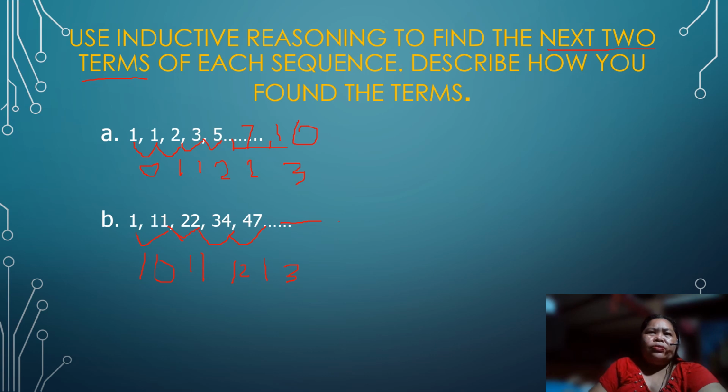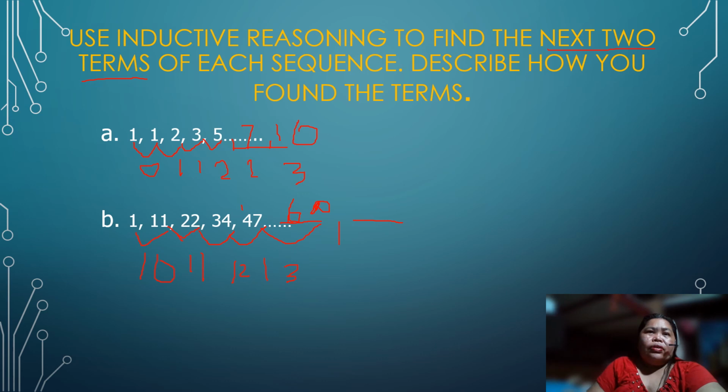What do you think are the next two terms? So we have 47 plus 13, which is 60. Then 60 minus 47 is 13.